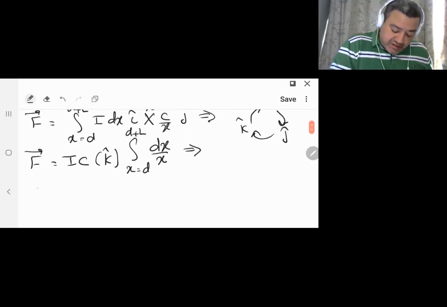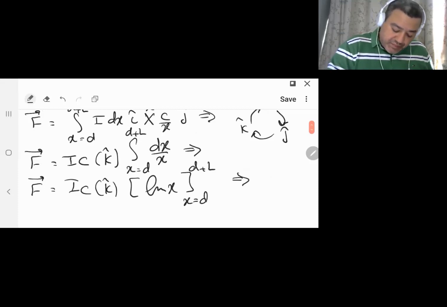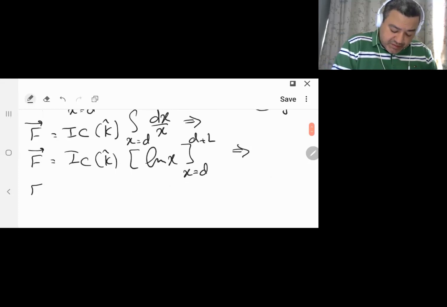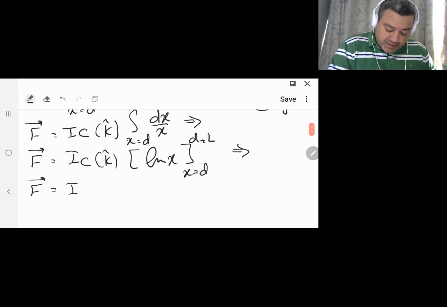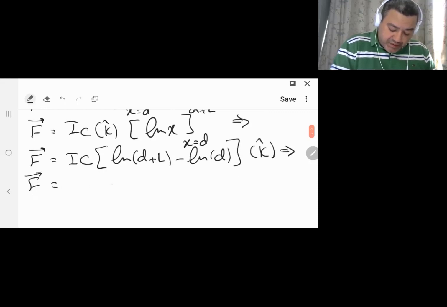And this is F equals I C K hat times the natural logarithm of X for X from D to D plus L. And this gives F equals I C, this is logarithm of D plus L minus logarithm of D, times K hat, which means F equals, the subtraction of two logarithms is indeed the logarithm of the first one divided by the second one.